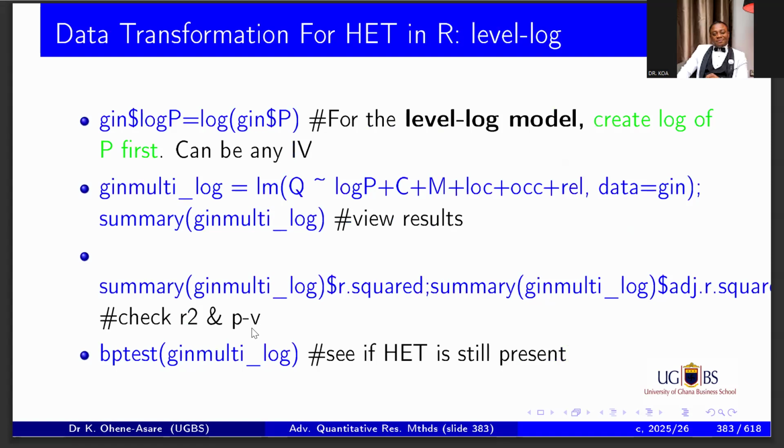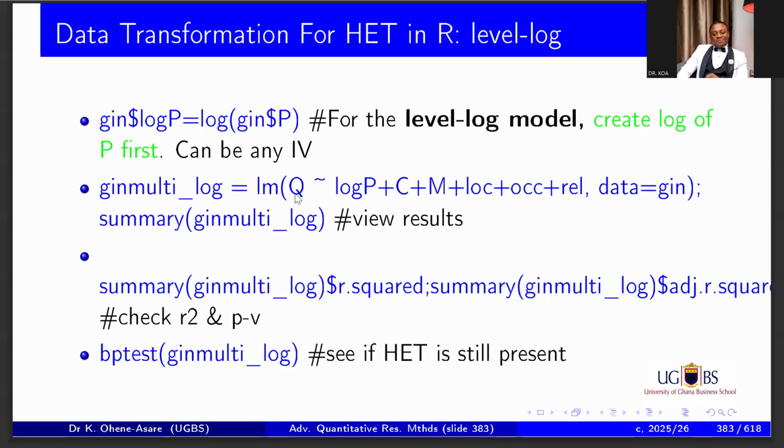So this first one, you can see that I'm running the log level log. Of course, you can run the log level first, but here I'm running the level log. In other words, I'm just leveling the independent variable. I'm not even considering the dependent variable. So you can see that here, I just did the kill.